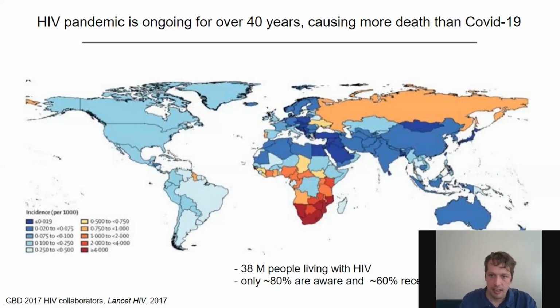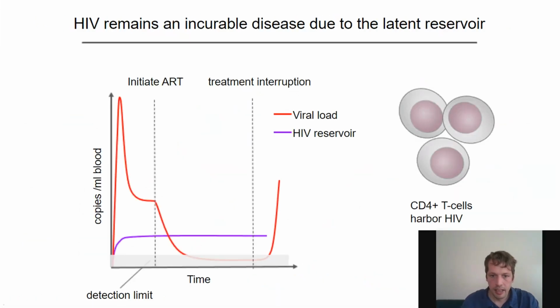So how does the life cycle of HIV roughly work? Once you get infected, the viral load shoots up, as depicted here in this red curve, and HIV immediately establishes a so-called latent HIV reservoir. People think that the CD4 T cells are the major cellular component of this reservoir, which is basically integrated viral DNA in the genome of these cells.